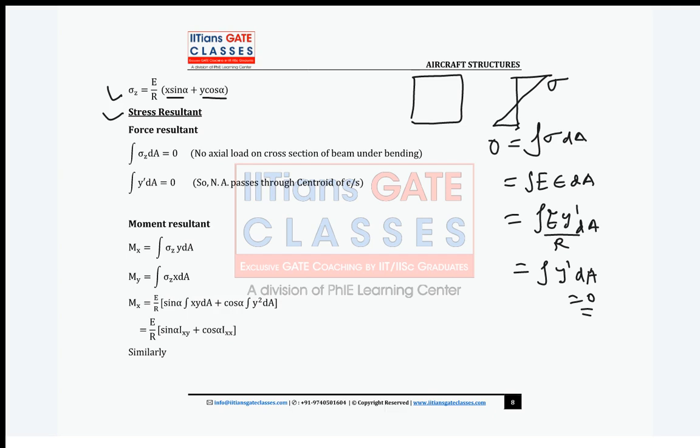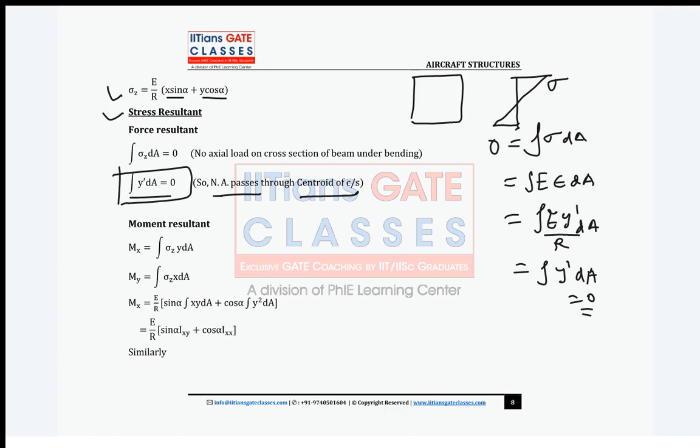So this is your equation from force resultant. And this means your neutral axis passes through the centroid of the cross section.